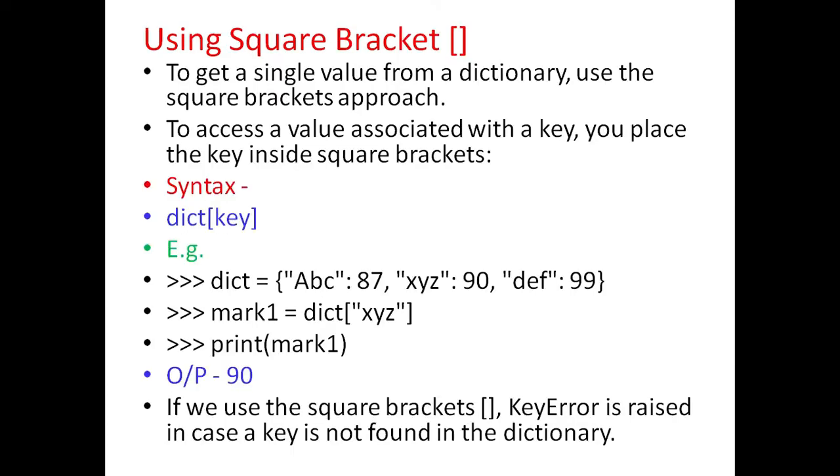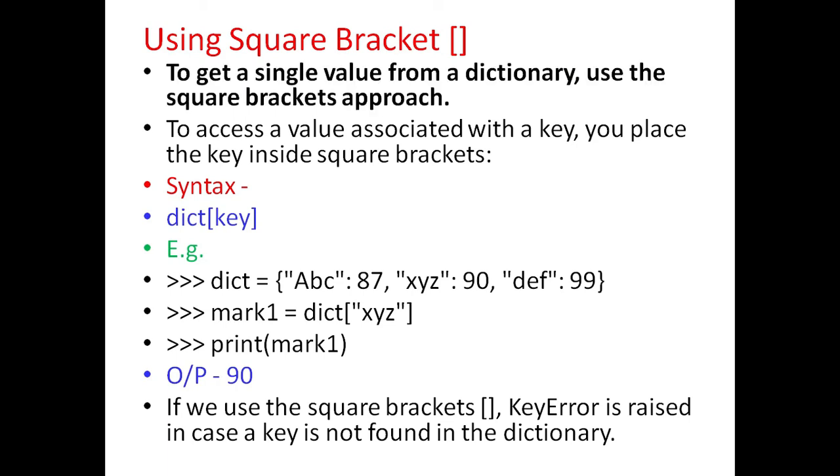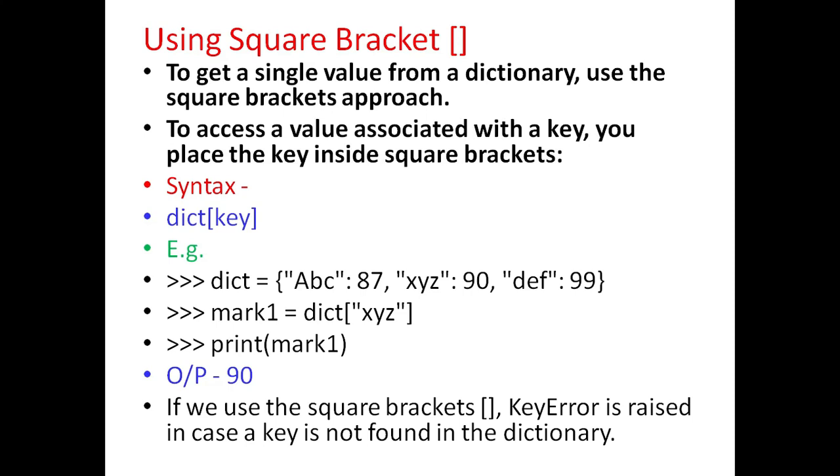First we'll see using square brackets. To get a single value from a dictionary, we can use the square bracket approach. To access a value associated with a key, you can place the key inside square brackets. The general syntax is the dictionary name, that is dict, and the key.